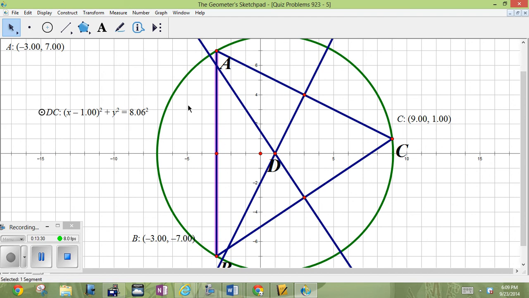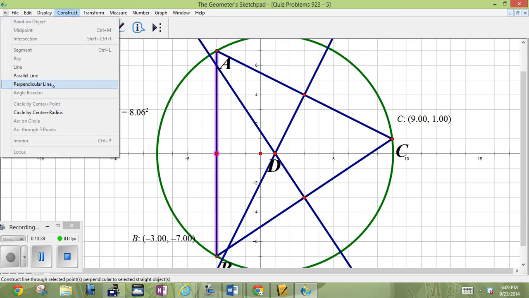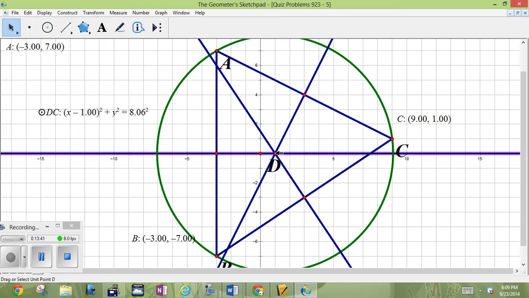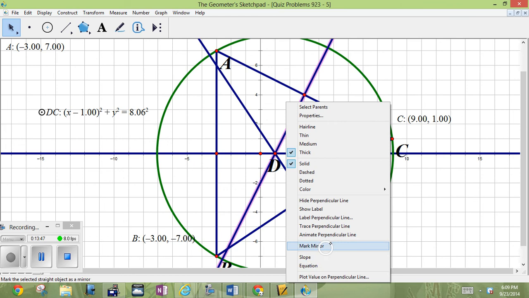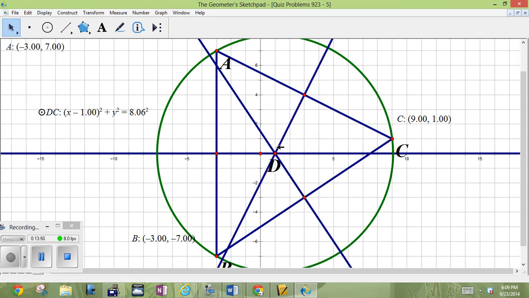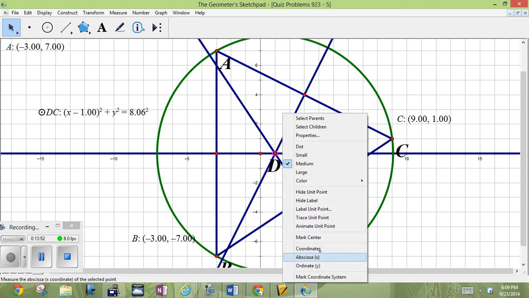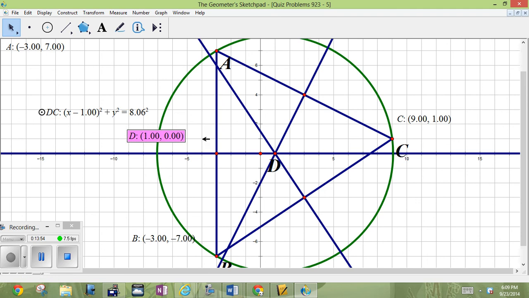As you'll see here, if it cooperates with me, construct the perpendicular line, and of course that's the y-axis, and their point of intersection right there is the point 1, 0. There it is. So that's how we execute our programs to our advantage. There you go.